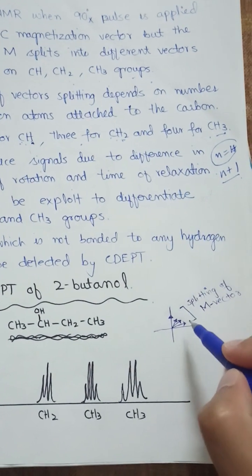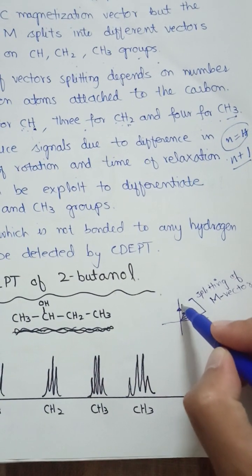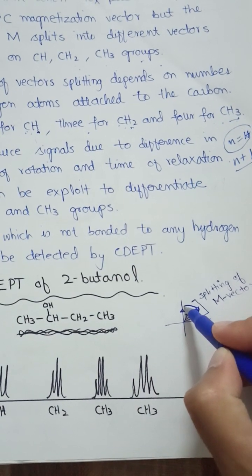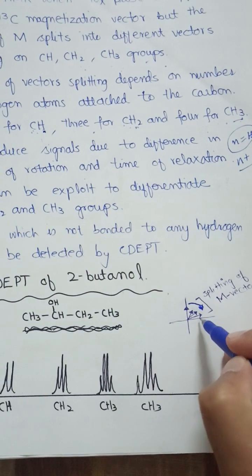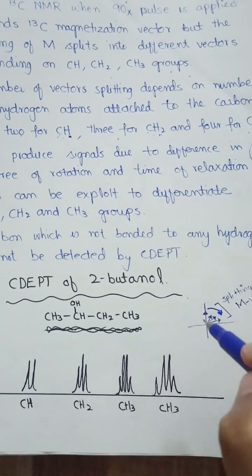So here we have represented the splitting of the magnetic vector: during this spin flipping the magnetic vector will split into different angles depending on the number of protons attached to that carbon.